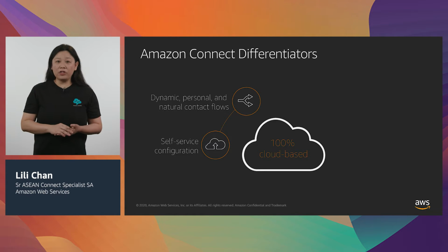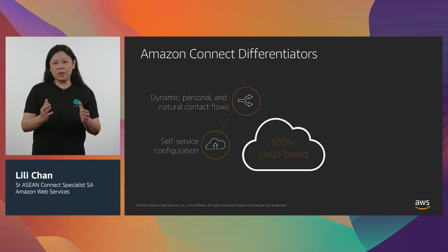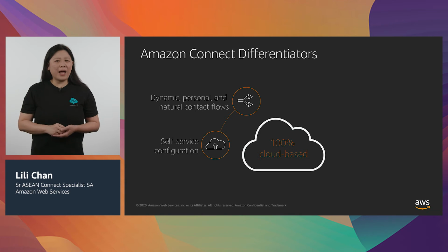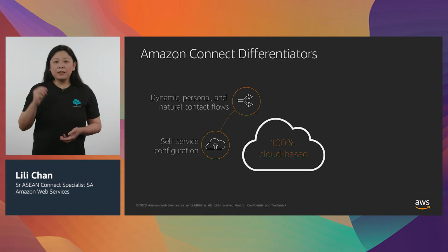The contact flow engine is dynamic and personal, and you can design conversational interactions that feel natural to your customers by integrating with Amazon Lex, giving you access to the same speech recognition and natural language understanding technology that powers Alexa.